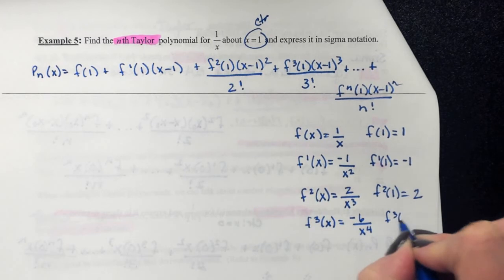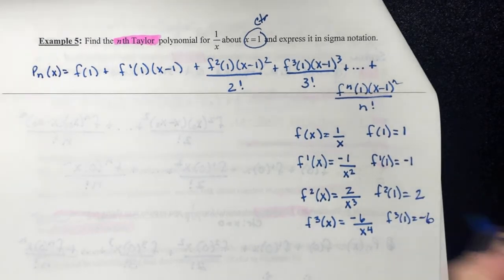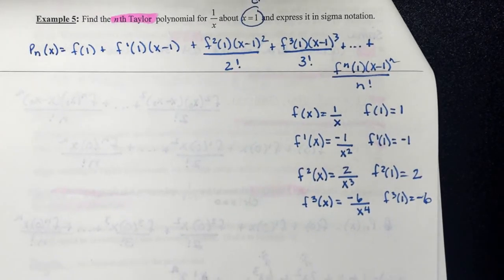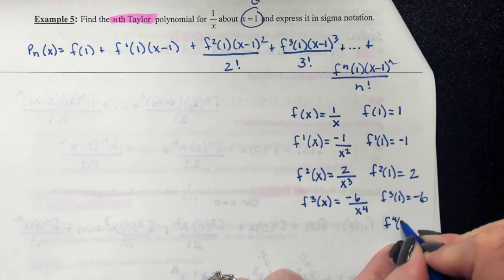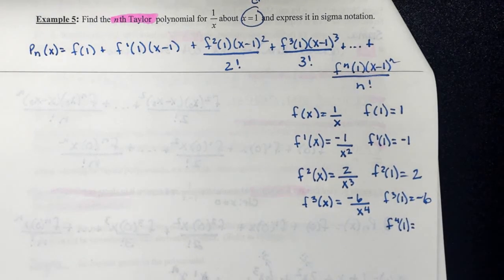So the third derivative at 1 is going to be negative 6. I'm thinking ahead. If you wanted to find the fourth derivative at x equals 1, it would be 24.